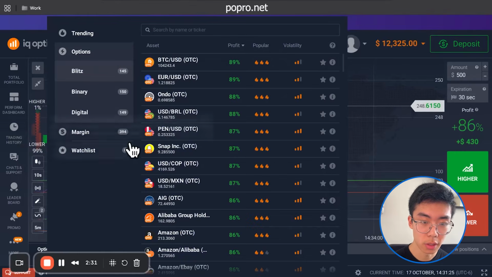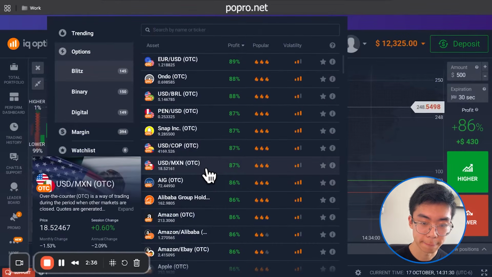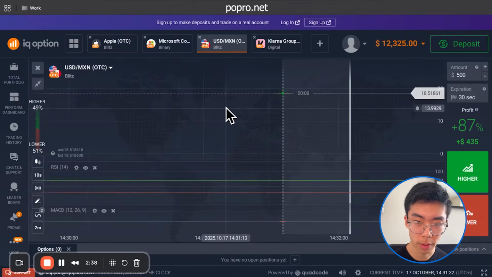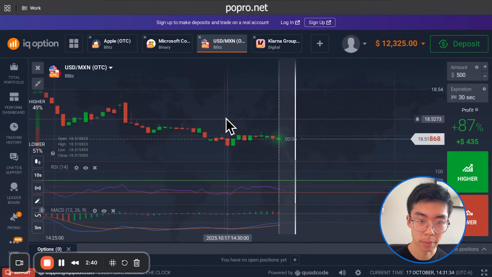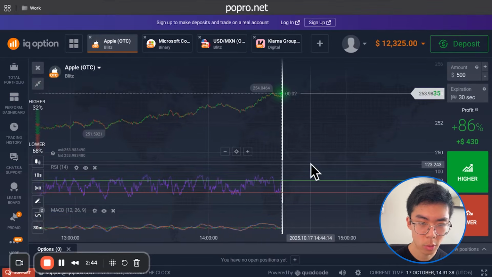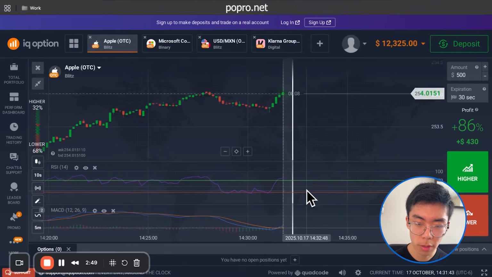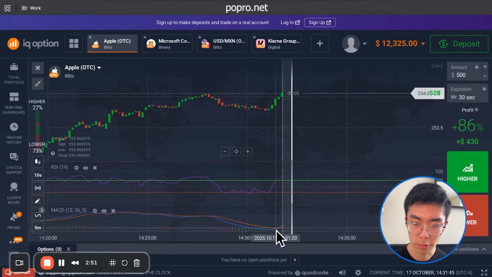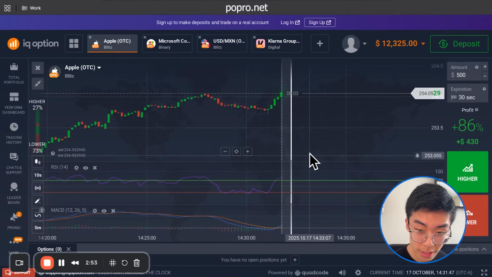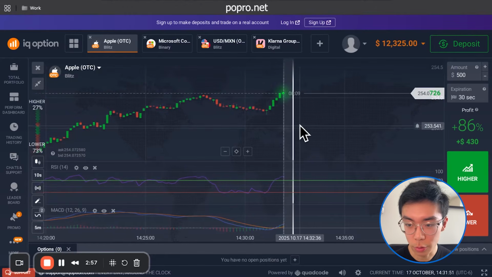Okay, so let me see right here and let's just go over to something random like USD pesos. Okay, and maybe let's try to find something that is somewhere decent in terms of overbought oversold levels. So here, this recently just did a crossover upwards, but I would buy this, but it would have to be closer to the 30 line.